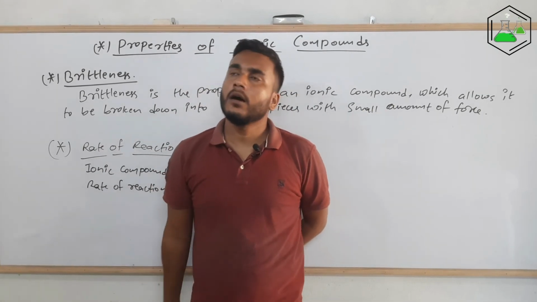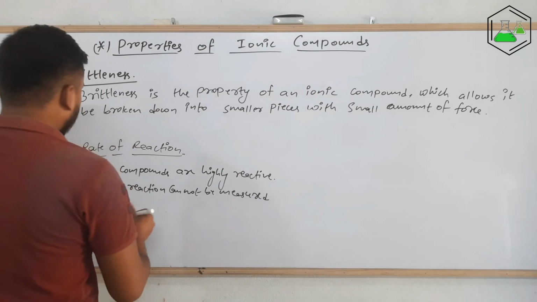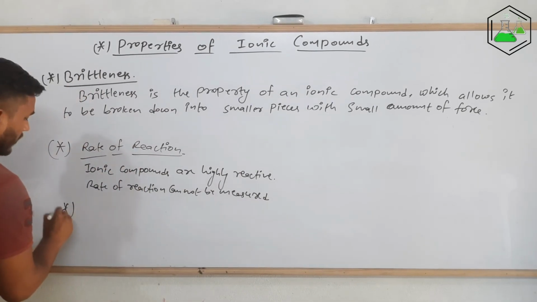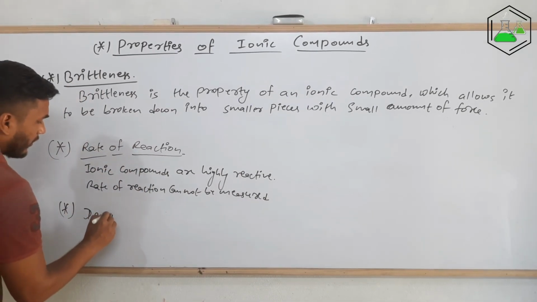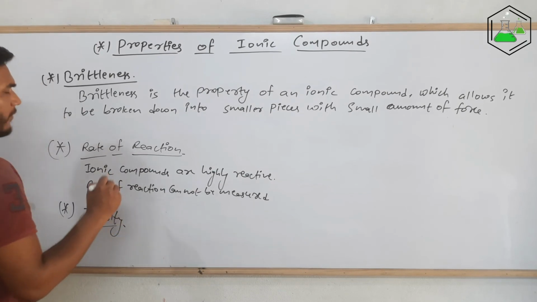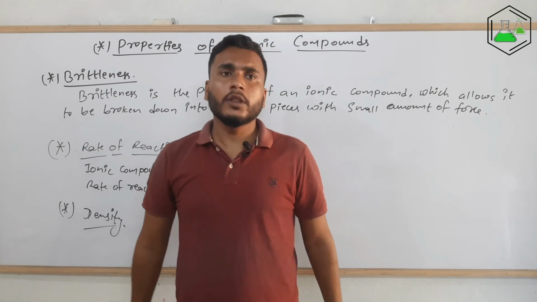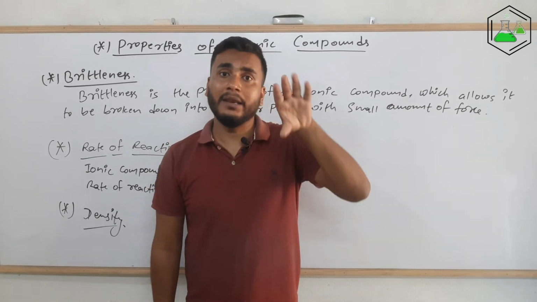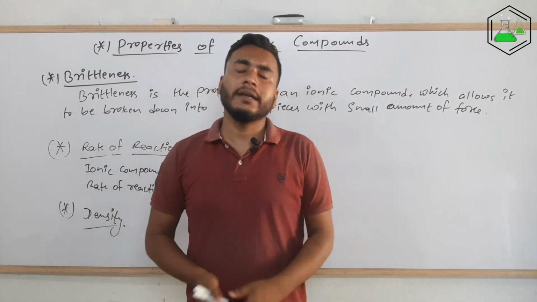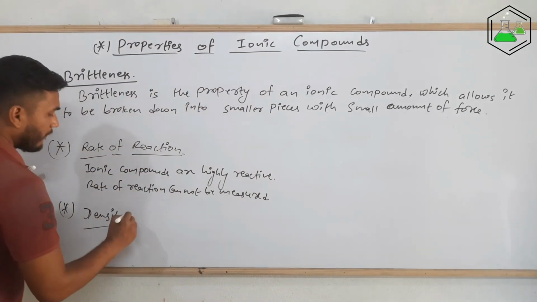Similarly, another property is the density. And we know that the positive and negative ions are very close to each other in ionic compound. So there will be minimum volume, and minimum volume means maximum density. So density is very high.